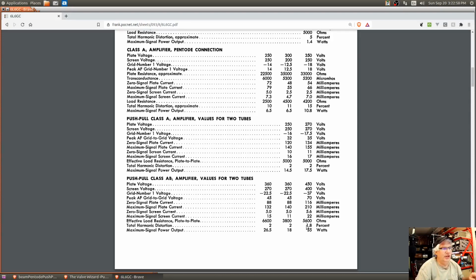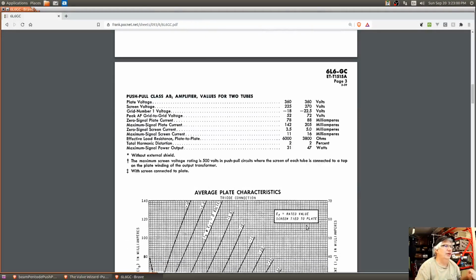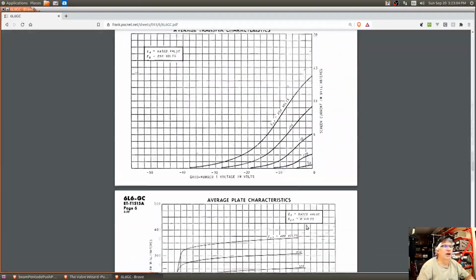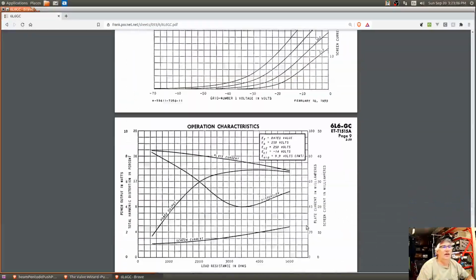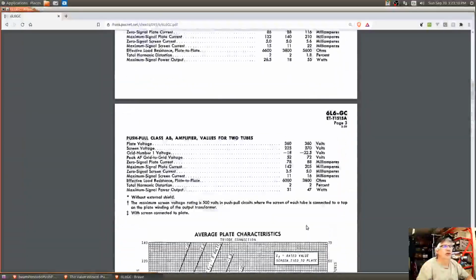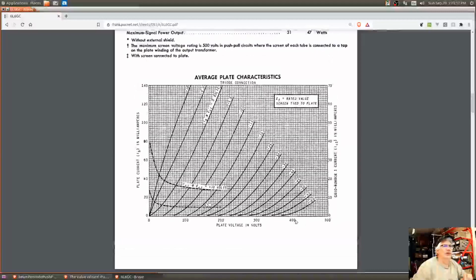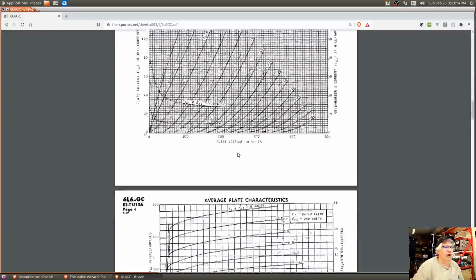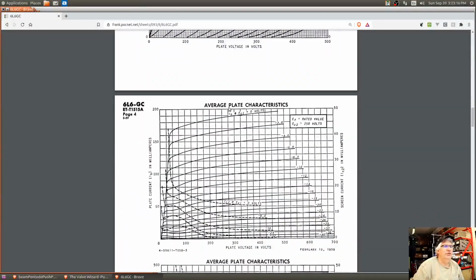All right, let's continue on and look at some of these graphs. This is the reason why I chose General Electric, because there are lots and lots of graphs in here. What we are going to look at is where you're using a triode connection. This one here is average plate characteristics when EC2 is 250. EC2 is the screen voltage, at 250.